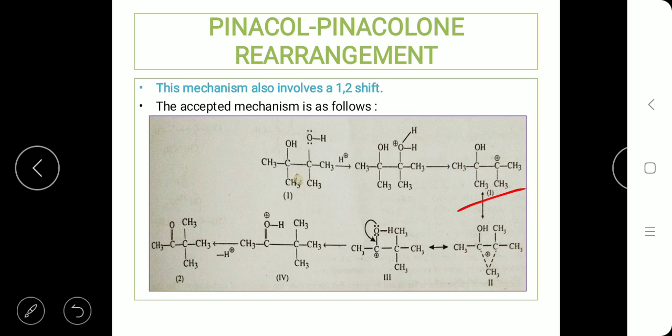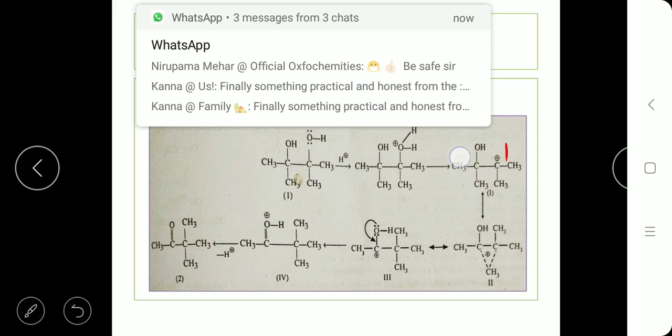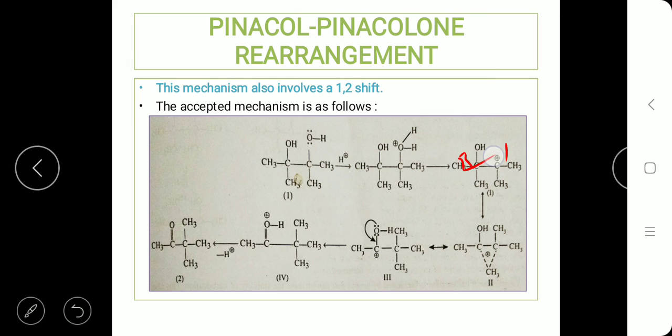How are we going to remove the positive charge? By shifting this methyl group towards the positive charge. This kind of shift is what we call a 1,2 shift. As I already told, if you number this carbon as 1 and the other carbon atom as 2, then it is a 1,2 shift. The methyl group from carbon 2 moves towards carbon 1. So this is the 1,2 shift.